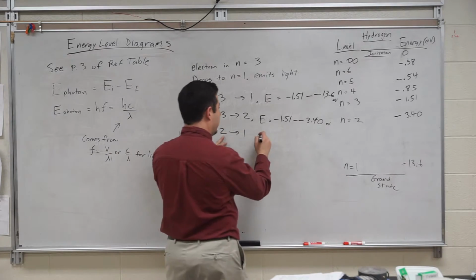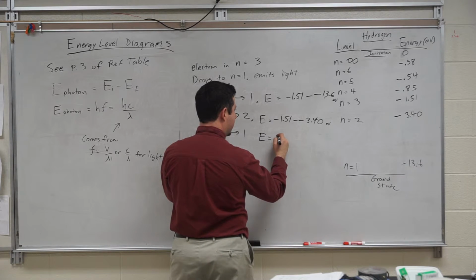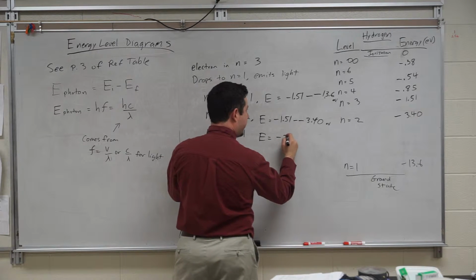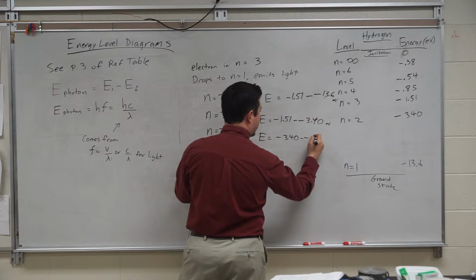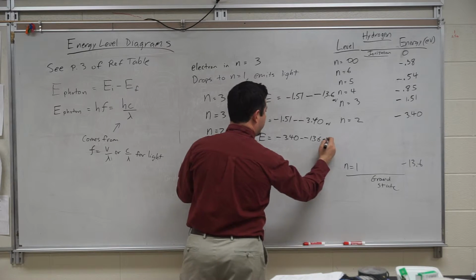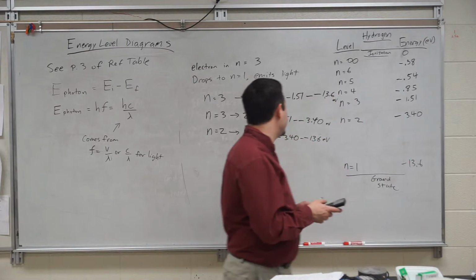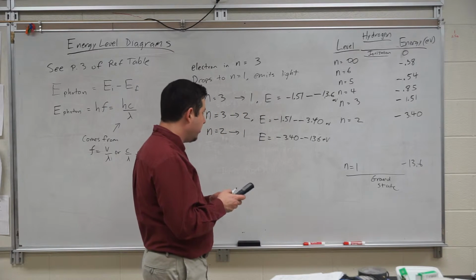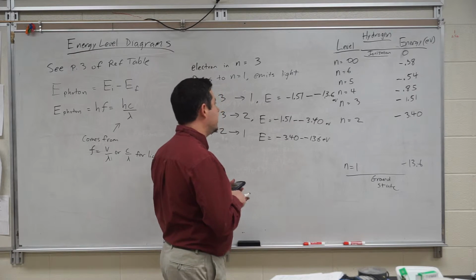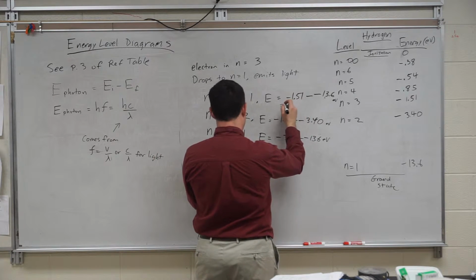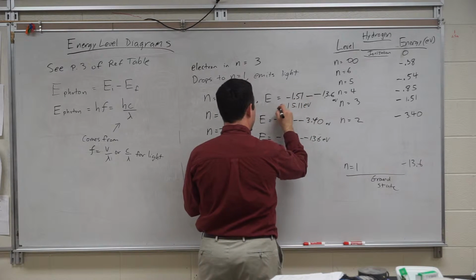The 2 to 1 level is equal to negative 3.40 minus a negative 13.6 electron volts. And so if you put this into your calculator, you will actually get the energy 1.51. Now you'll notice that this is subtracting a negative, so you end up with a positive energy of 15.11 eV.